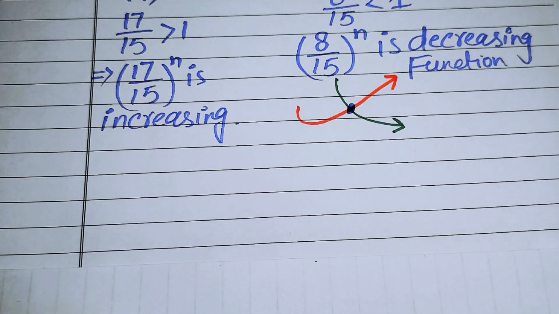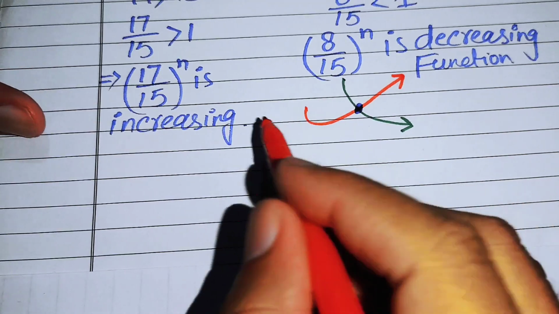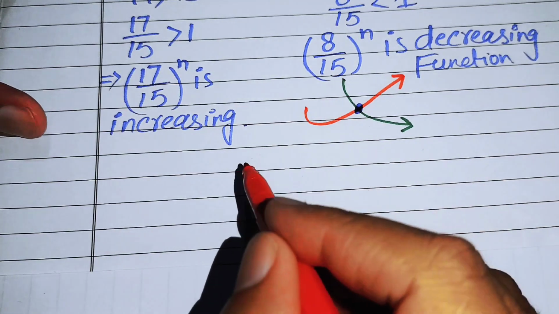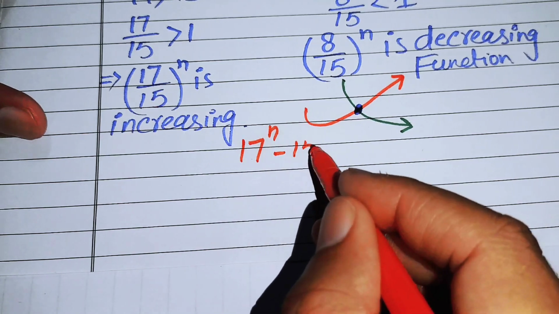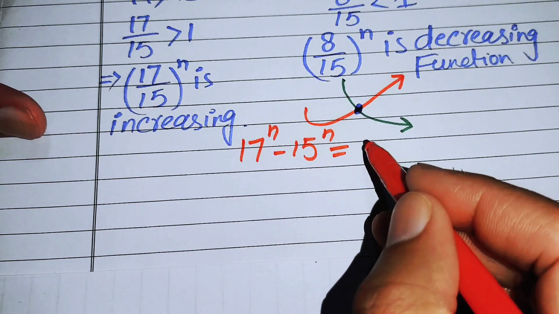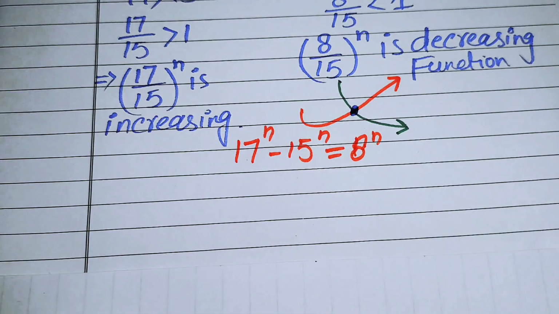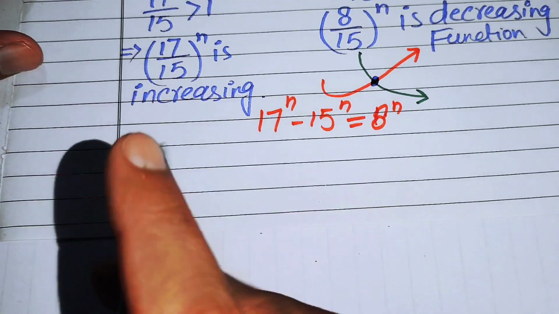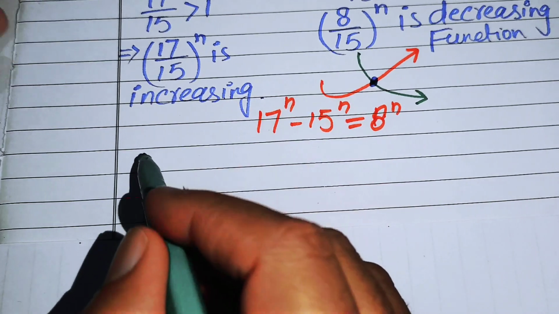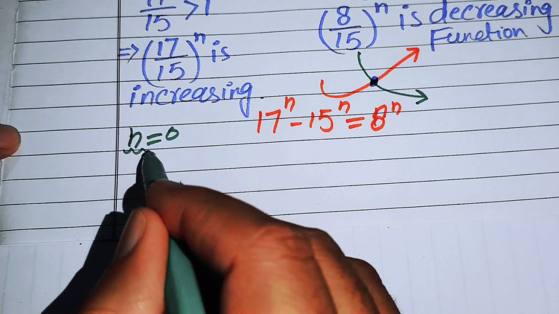I can first write our question statement again here. Our question is 17 to the power of n minus 15 to the power of n equals 8 to the power of n. Now we will inspect some values, so first I can put n equals 0.